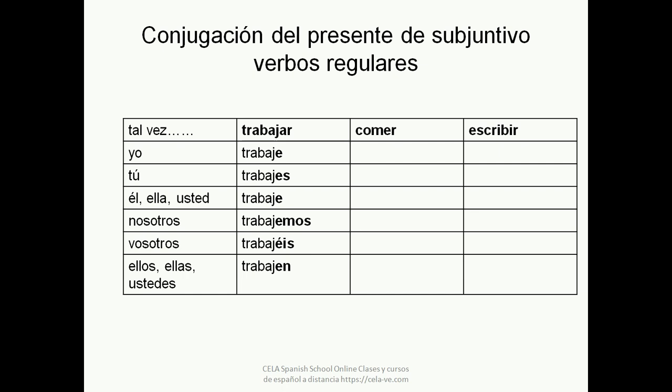Ellos, ellas, ustedes trabajen. As you can see, the verbs that end in ar have the vowel e in the endings: es, e, emos, éis, en. We also observe that the first and the third person singular are conjugated equally.